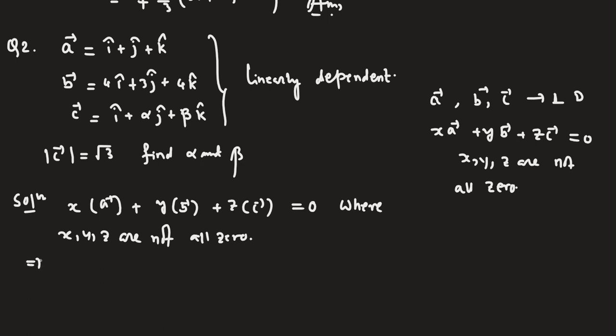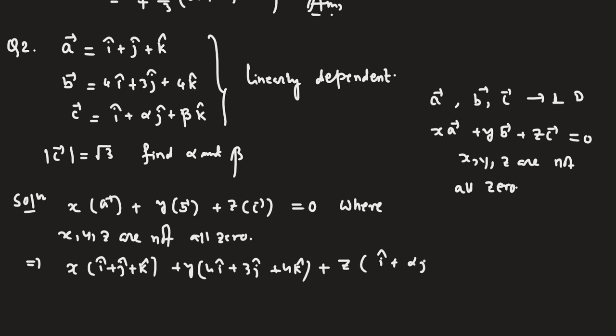Now we put the values of A, B, C and separate them. So x times (i plus j plus k), plus y times vector B, 4i 3j and 4k, plus z times vector C, i plus alpha j and beta k, is equal to 0.